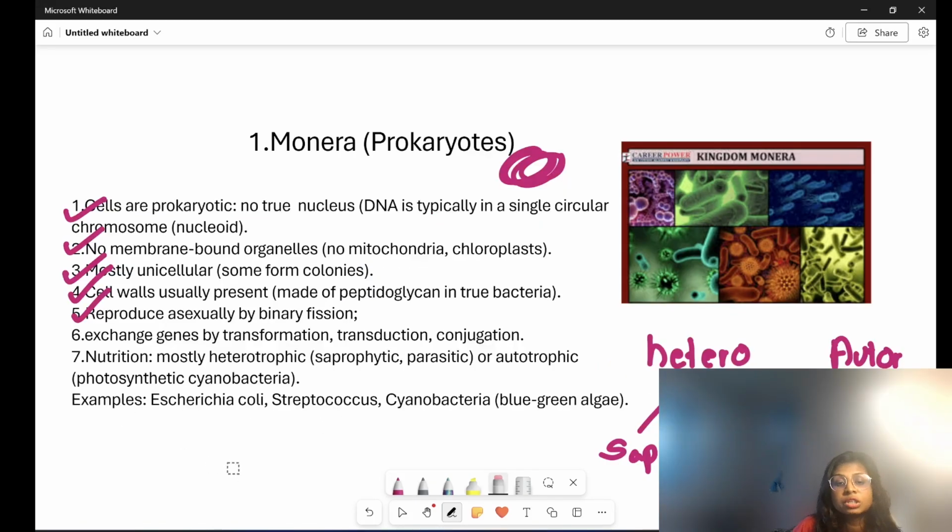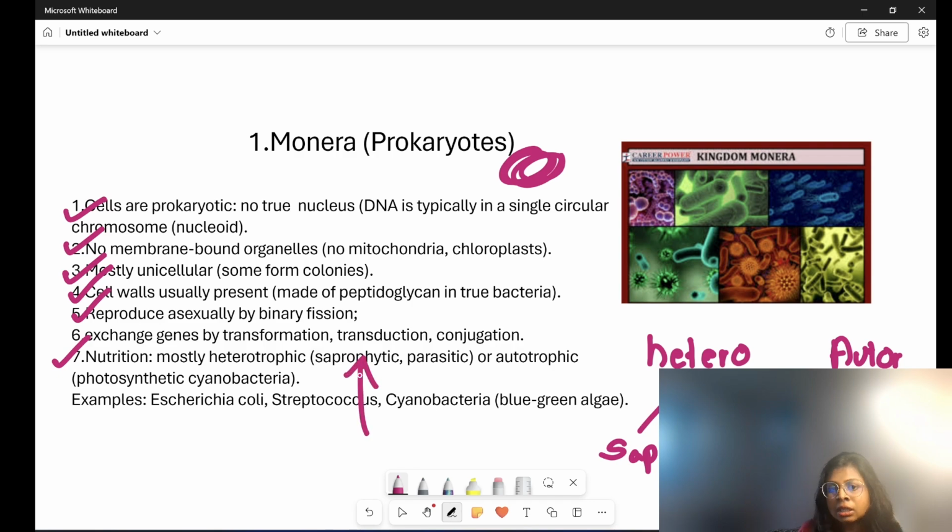When talking about the nutrition requirement of the Monera kingdom, most of the organisms are heterotrophic. It means that they eat another plant or animal for their energy and nutrient requirement. Some of the organisms are autotrophic. It means that they can synthesize their own food. In heterotrophic, there are two types, saprophytic and parasitic.